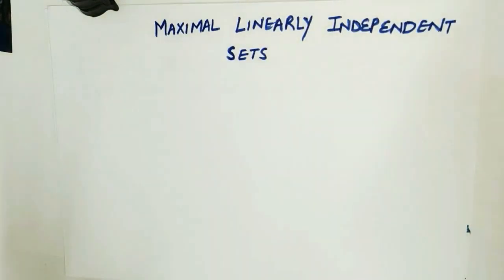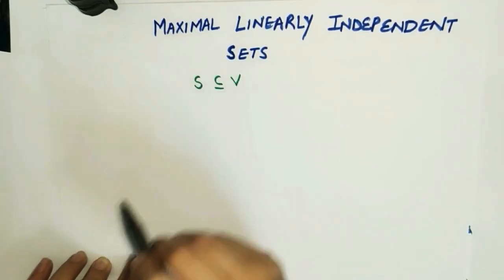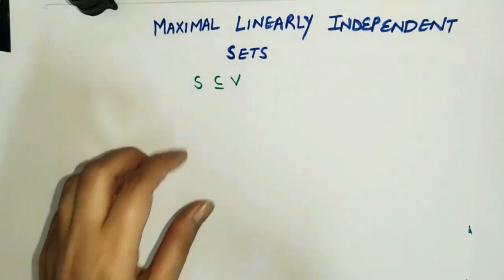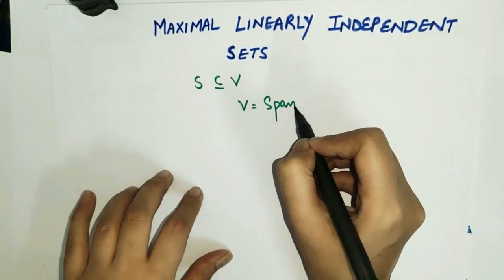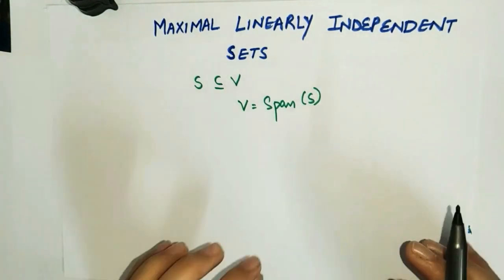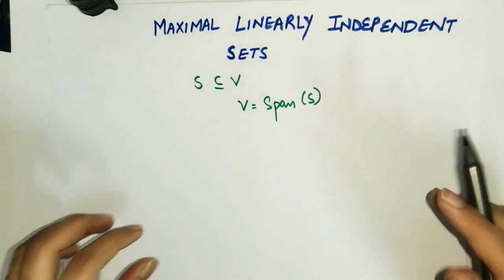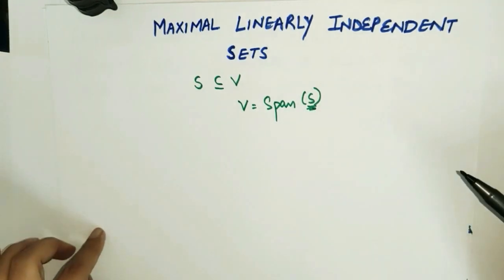Let us move on to maximal linearly independent sets. Basically, I am given a set S of a vector space V. S may have any number of vectors, and I am assuming that V is the span of S. So I am given that S is spanning V, but S may have redundant vectors also.